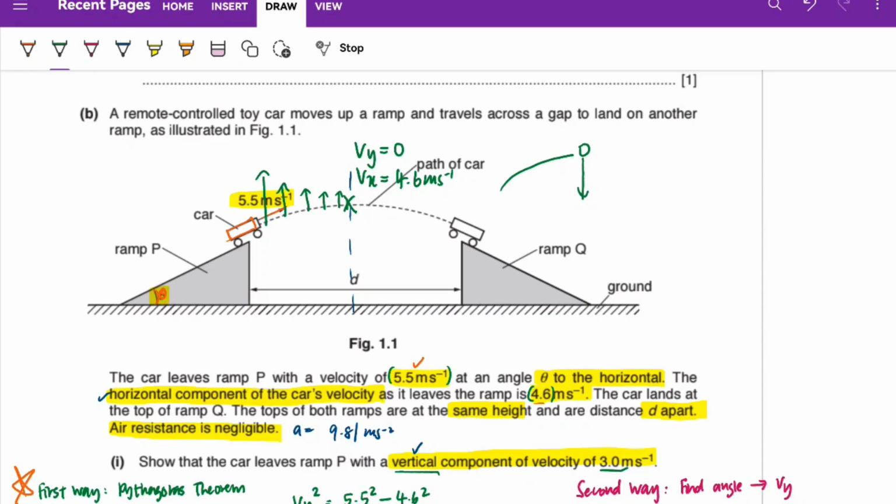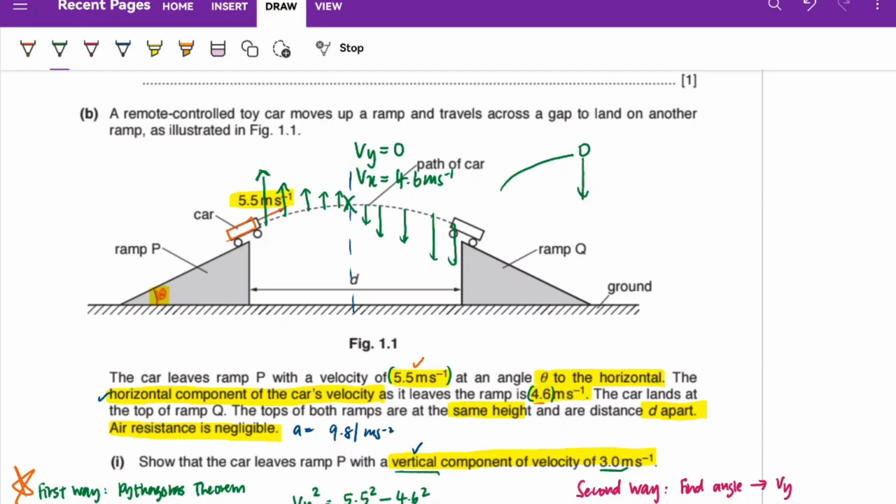Then after it hits 0, it will increase again in the opposite direction, of course. It will not be in the same direction as going up, because first you go up, then you go down. So up is one direction, down is another direction, right? That's why I draw in another direction.